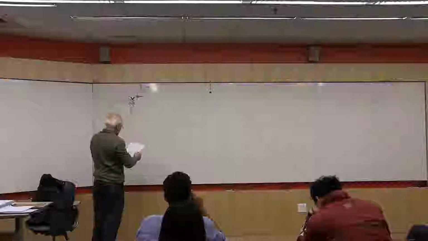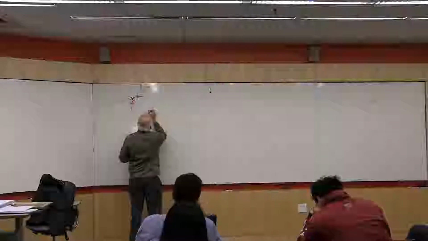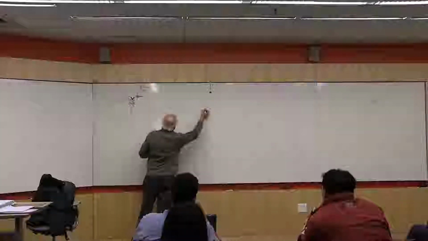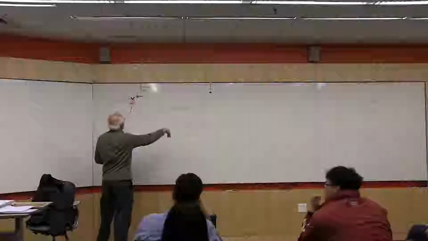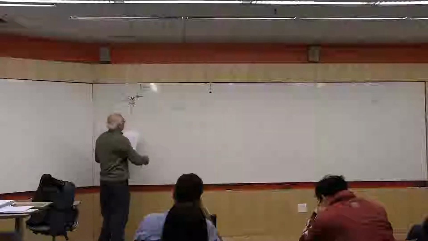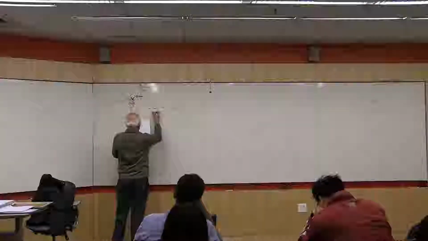And therefore, the possibilities are that if this is the horizontal plane, that is north, south, east, west, we have two possibilities.